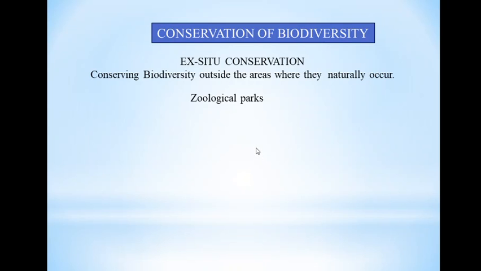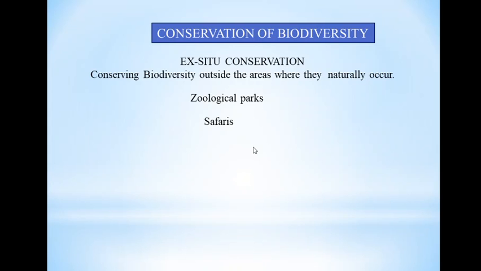Another method is the safaris. Safaris are areas or places where animals are brought in and left within fencing, where they are preserved. Animals are preserved and given protection for continuous breeding and the survival of the gene pool.